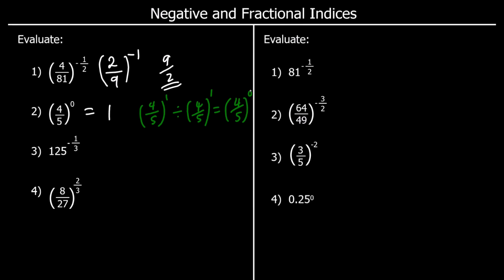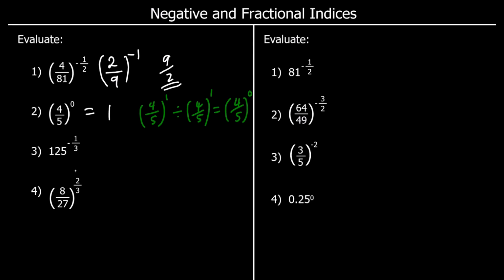So 4/5 divided by 4/5, or 0.8 divided by 0.8, or 2 divided by 2, or 3 divided by 3, that's 1. And so when we've got the power of 0, that must mean 1 as well.